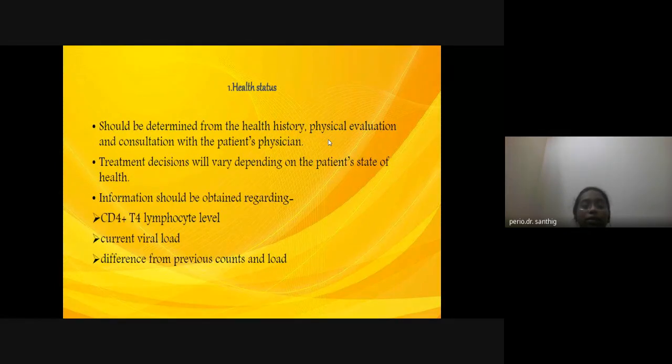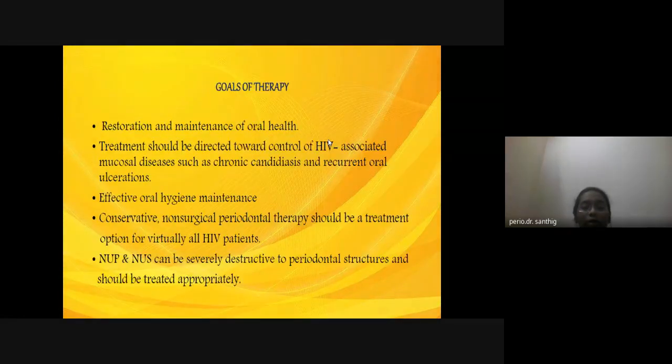The health status of the patient is determined by the history, health history, physical evaluation, and consultation with the patient's physician, and treatment decisions will vary depending on the patient's state of health. So you have to check the CD4 lymphocyte level, the current viral load and its difference from previous counts.